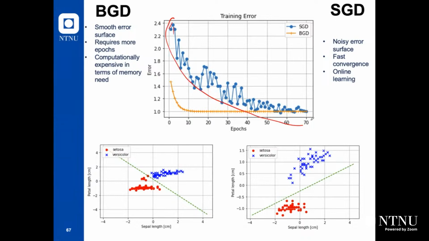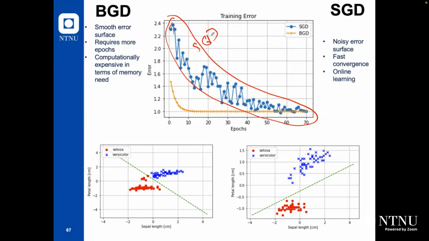This one is stochastic gradient descent, of course, and it will take too many calculations because in each epoch we apply the whole dataset. So the error surface will be noisy, and it will take too many calculations, right? So it's computationally expensive when we are using stochastic gradient descent.